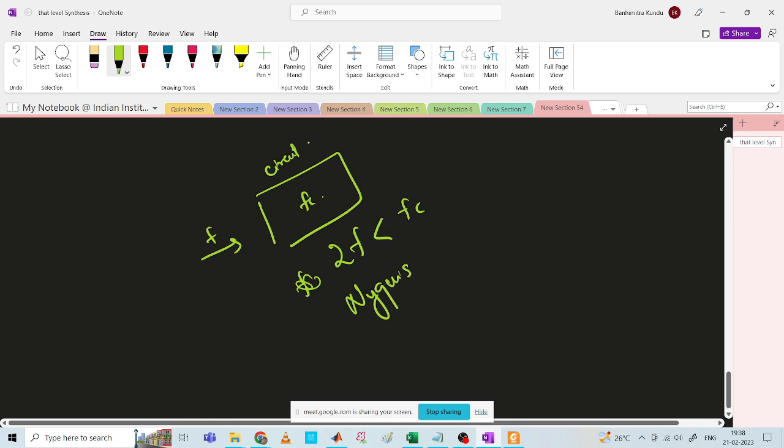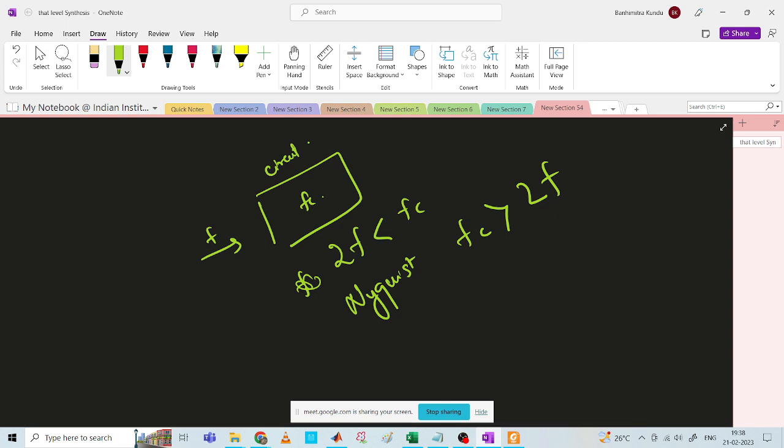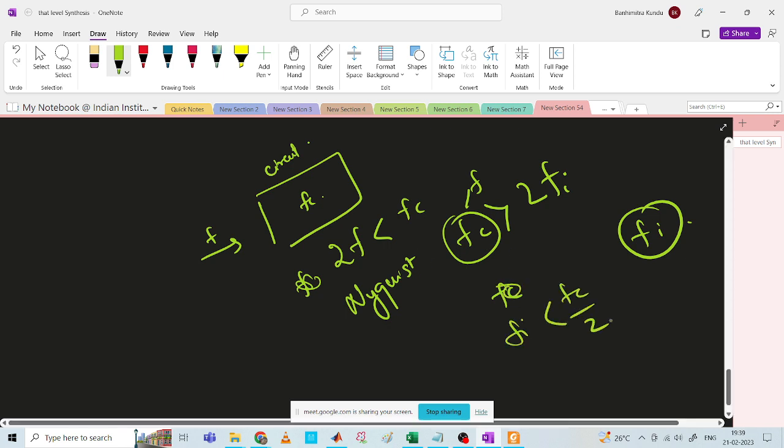Nyquist says FC should be greater than 2F, right? But you have been asked that the frequency of the circuit is F. So if I consider FC as F and the incoming signal as Fi, Fi should be less than FC by 2, as per this concept.